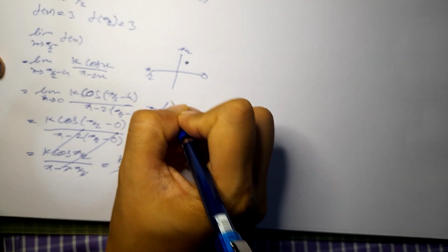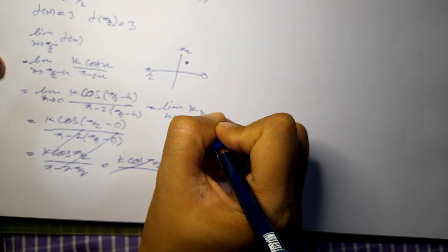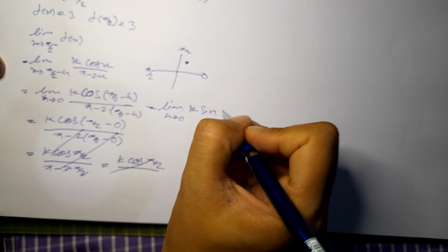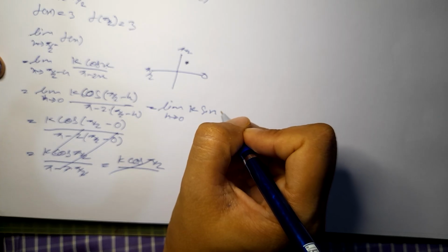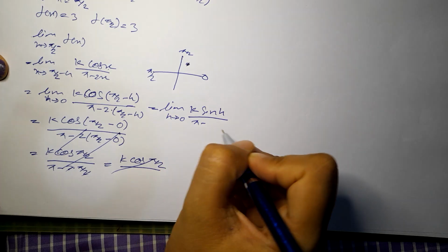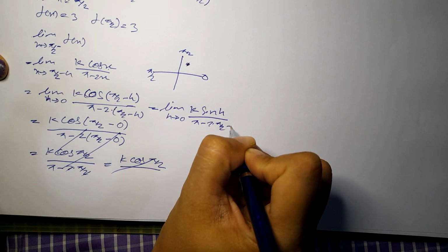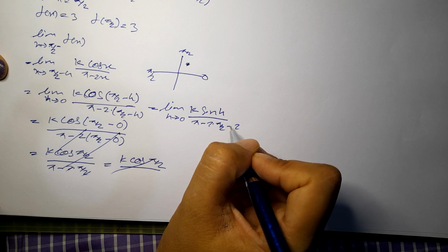So limit h tends to 0, it will be k sin h divided by pi minus 2 times pi by 2 minus 2h.